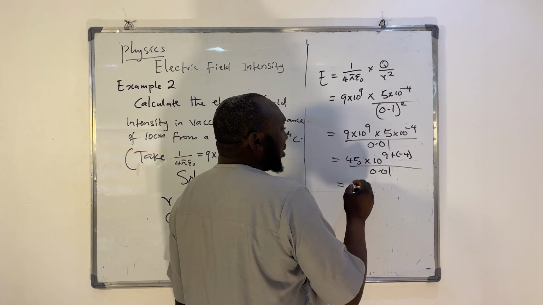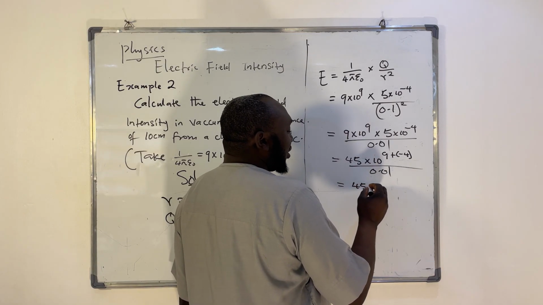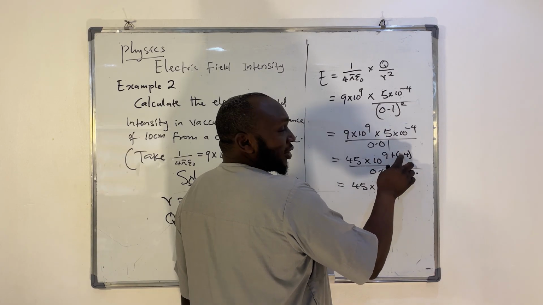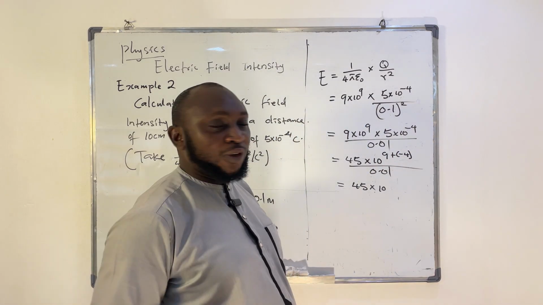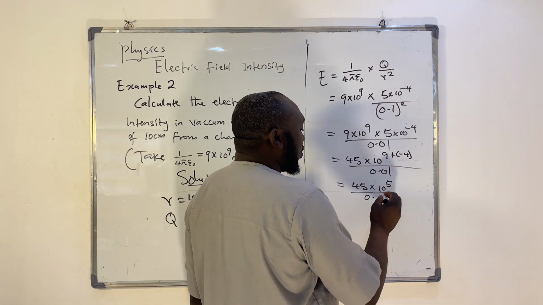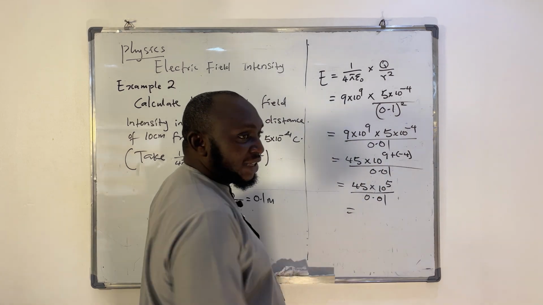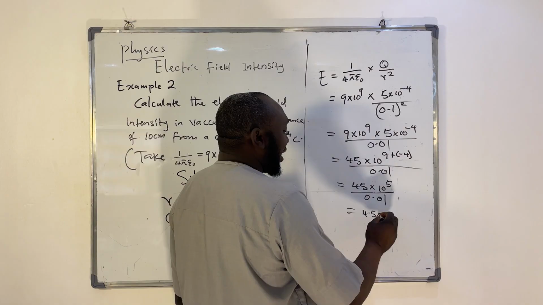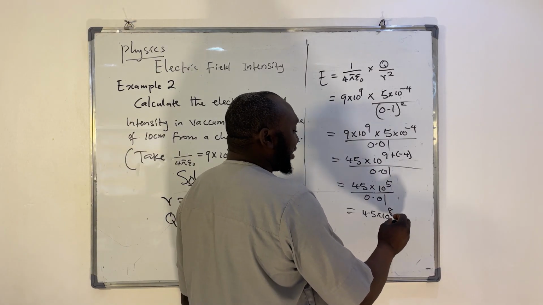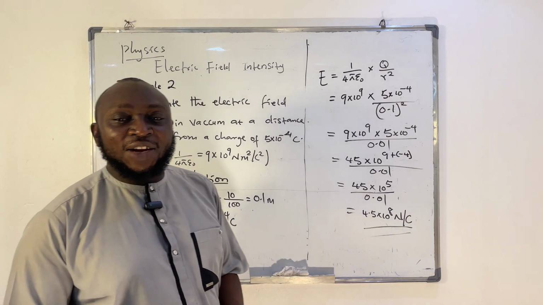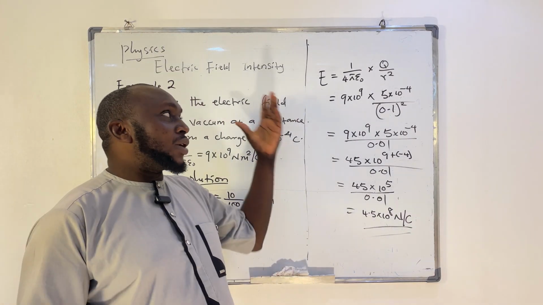Then we have 45 times 10 to the power of 9 minus 4, which is 5, over 0.01. Divide this by this, and it gives us 4.5 times 10 to the power of 8 Newton per coulomb.